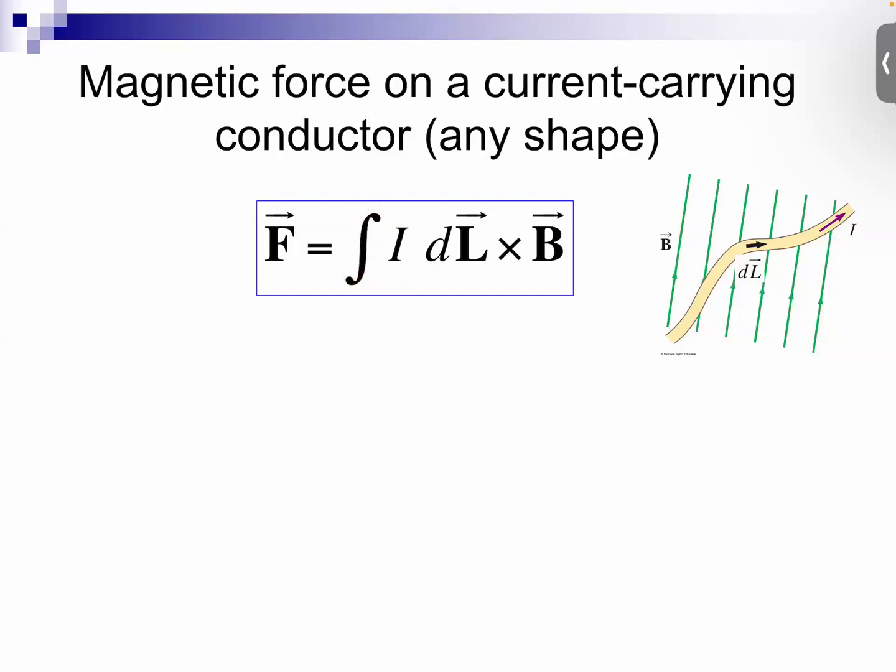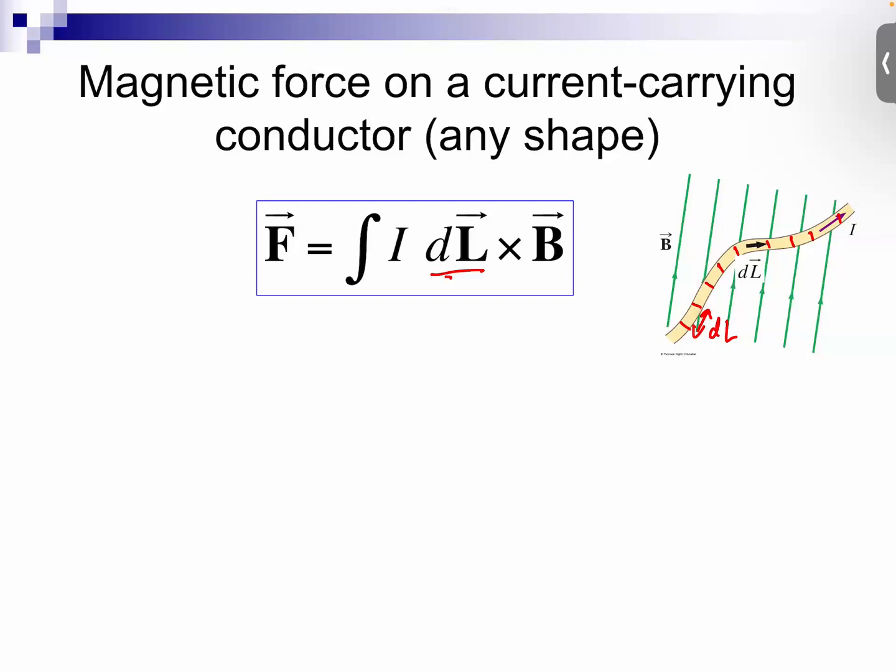Well, what this dl essentially means is that if you have a crooked wire, you can always divide this wire into small segments so that each length segment is dl. One small segment of that length can be approximately straight, right?